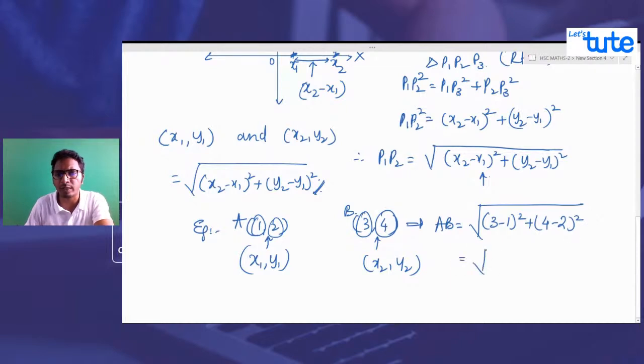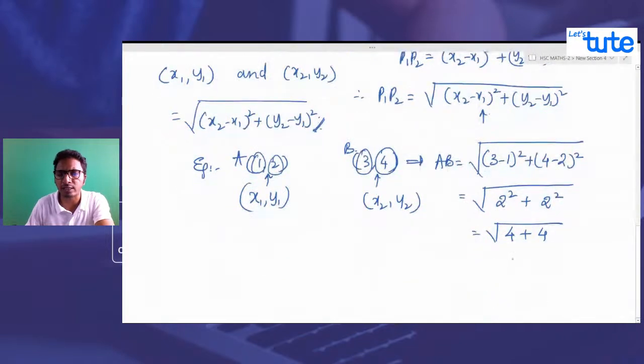So therefore that would be 3 minus 1 is 2 squared, 4 minus 2 is 2 squared. So that would give us 2 squared plus 2 squared, that is 4 plus 4, and that gives us the square root of 8. And we can also write it as 4 twos are 8.